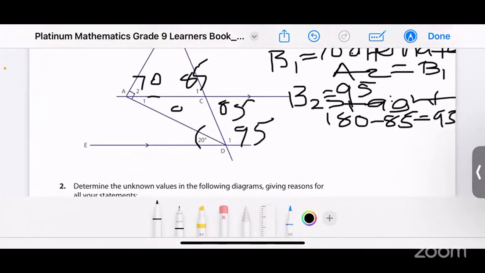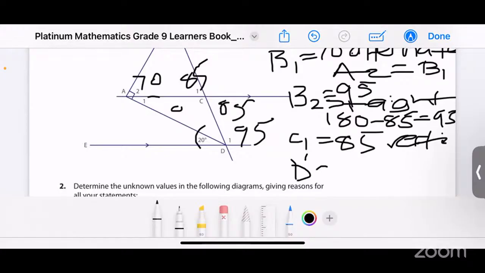And then C1. How did we get C1? C1 was vertically opposite, ne? C1, 85, vertically opposite. And then D1, it's 95.